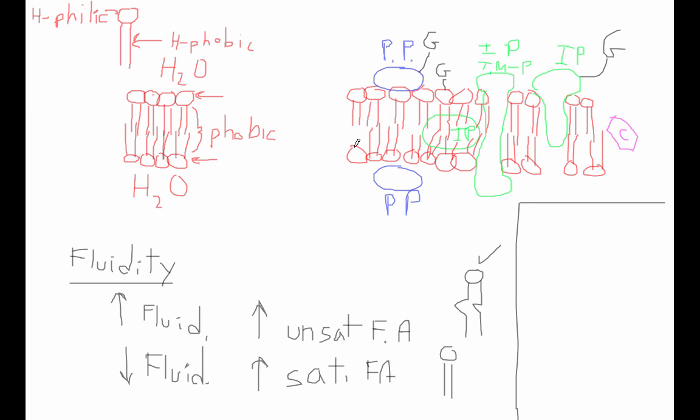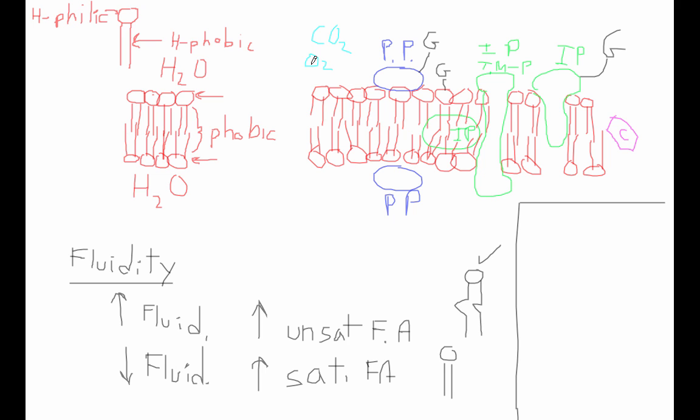The last part of the study guide, the note-taking guide, talks about transport proteins and diffusion across this membrane. So I'm going to extend our membrane out a little bit more. Now, nonpolar molecules like oxygen or CO2, these are nonpolar molecules.